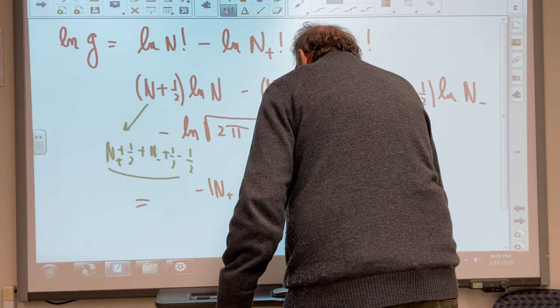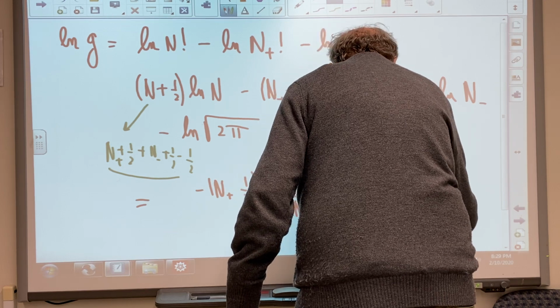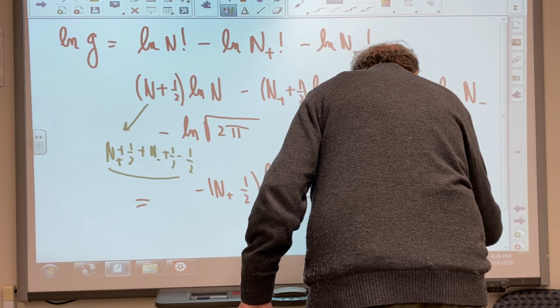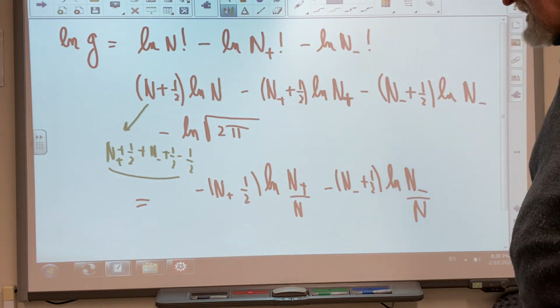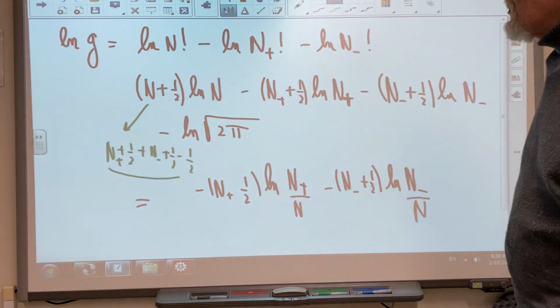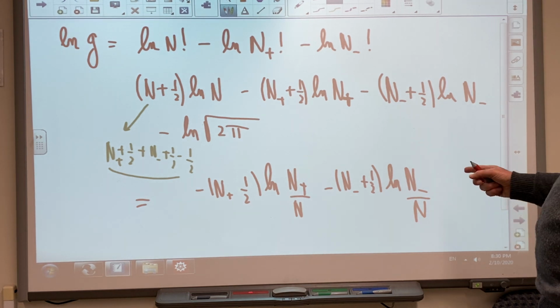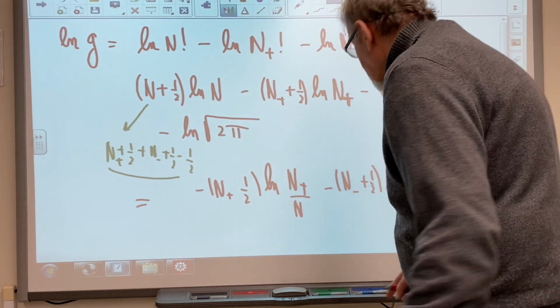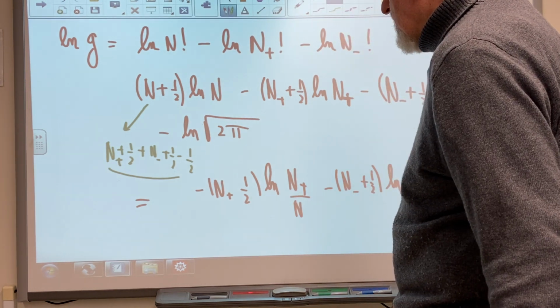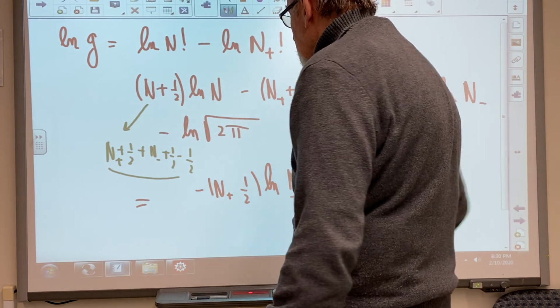I'll have here the term minus n minus plus 1/2 ln n minus over n, and I took care of this and this. All I have left is this and minus 1/2 ln n, which is ln of square root of n, so I can put it here.